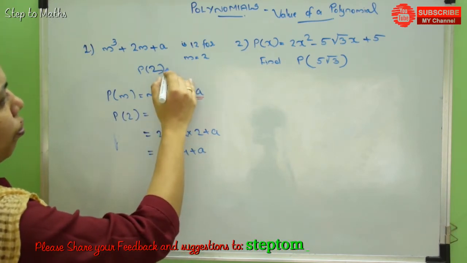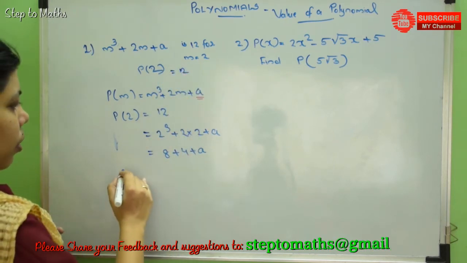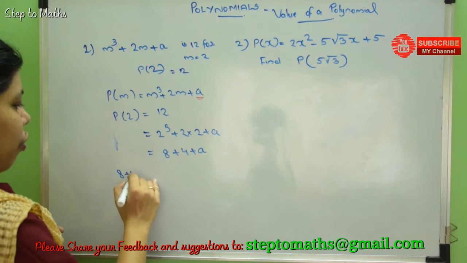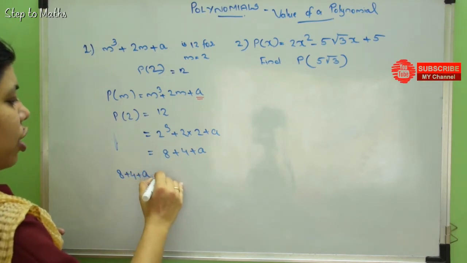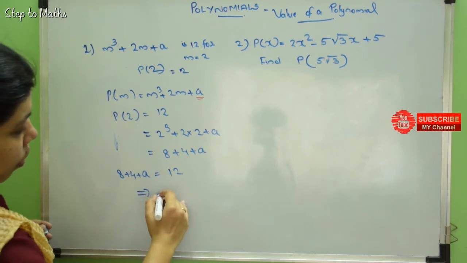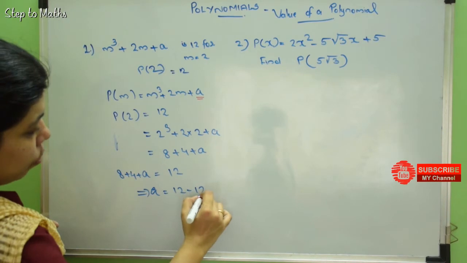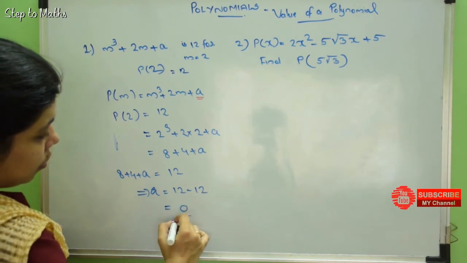Already given p of 2 is equal to 12. That means 8 plus 4 plus a is equal to 12. That implies the value of a is equal to 12 minus 12, equal to 0.